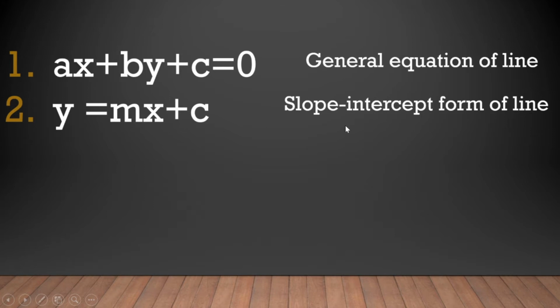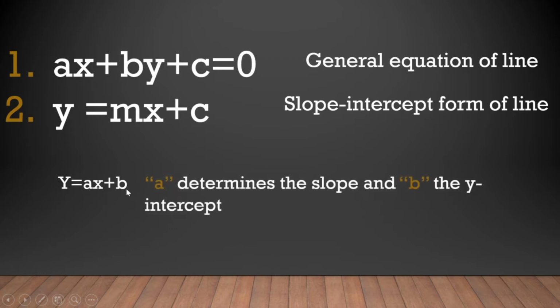y = mx + c, this is called the slope-intercept form of a line. You studied this form in the format y = ax + b, where a determines the slope and b determines the intercept. But the conventionally used variables for slope and the y-intercept are m and c respectively.